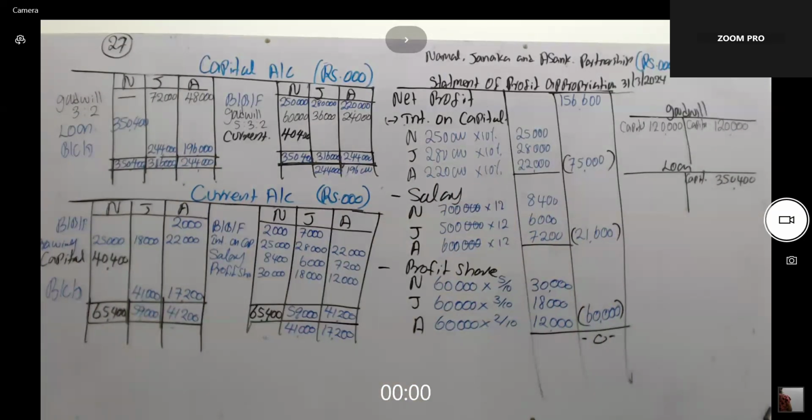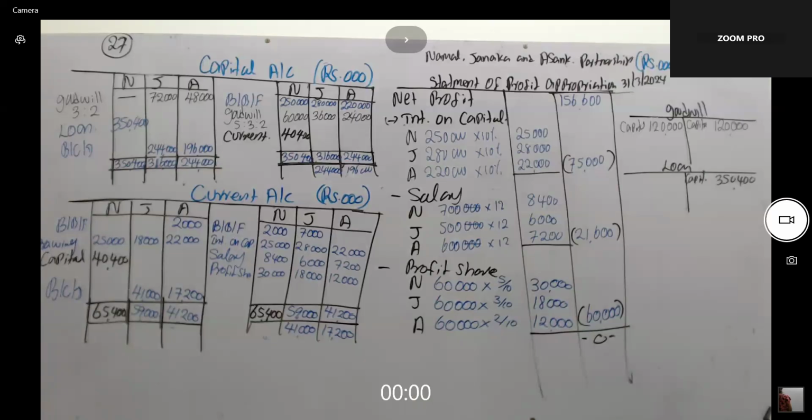So you have to know how to prepare profit appropriation accounts, as well as admission of a new partner and retirement of old partners, and how to adjust the financial statements. And the Partnership Act also should be applied.